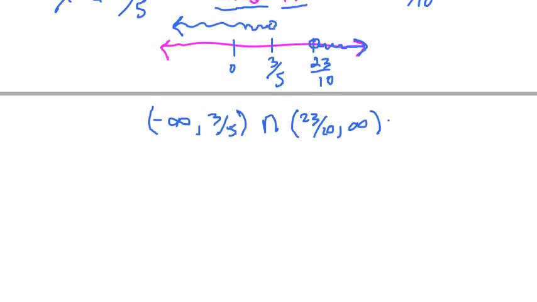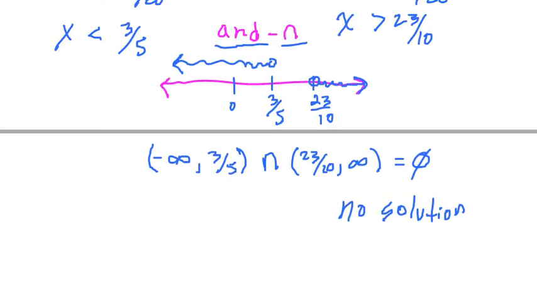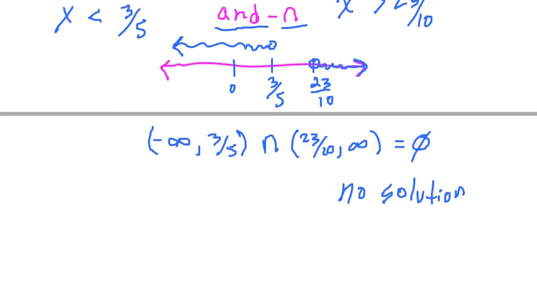So this is equal to the empty set, or we could say no solution. It doesn't have a solution. This is sort of a proof.